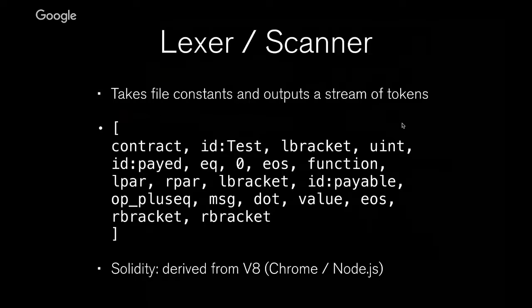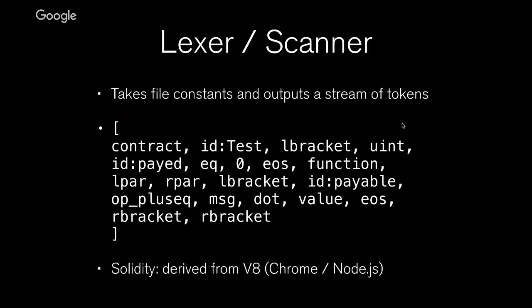It turns out that it's easier to build our tree dealing with tokens than with individual characters. When you go from one token to another, you can skip all white space, you can skip all comments, and just deal with the semantic structure of the different constructs of the language. So we take this stream of characters and we output a stream of tokens.